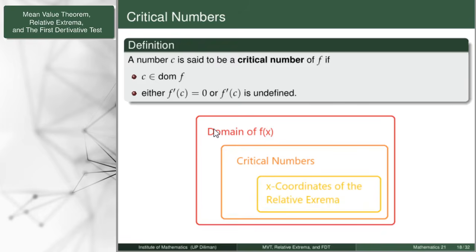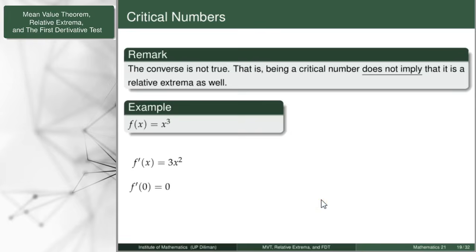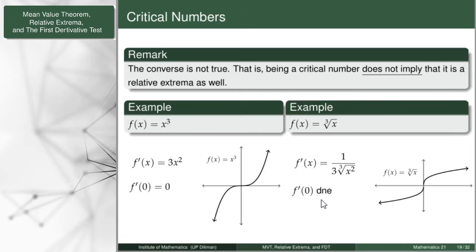In a sense, I will first find critical numbers and thus will sift out the so many points in the domain of my function f. And afterwards, I'll just need to ask which of these critical numbers are truly the x-coordinates of my relative extrema. So that's how we are going to do it.